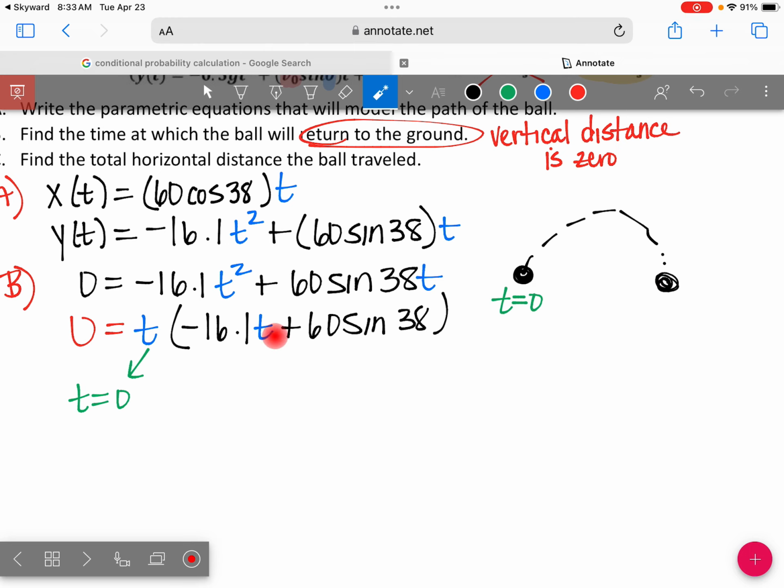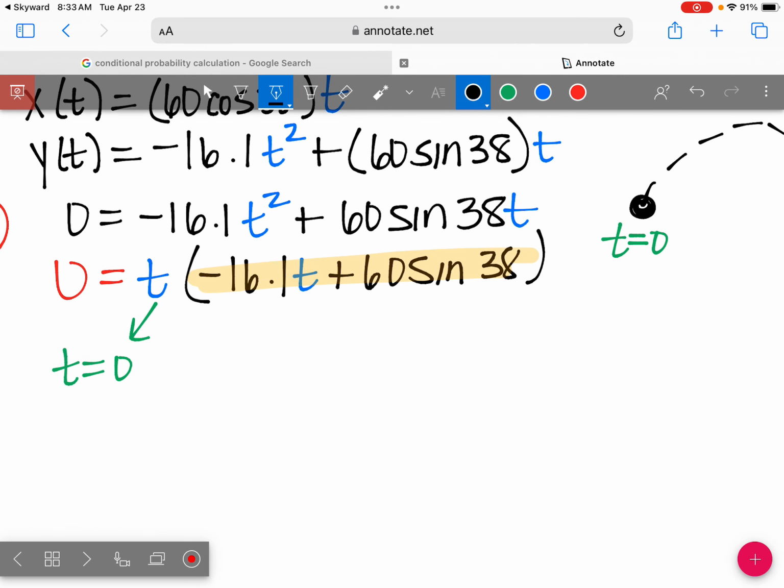So we need to solve this to figure out how long it takes for it to hit the ground a second time. So I want you to take this parentheses here, and we're going to set that equal to 0 and solve it for t. So that would be negative 16.1 t plus 60 sine 38 equals 0.